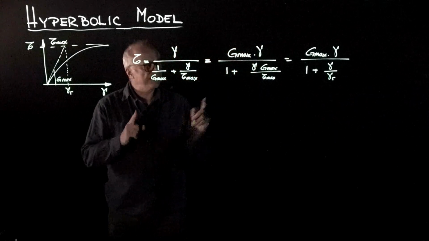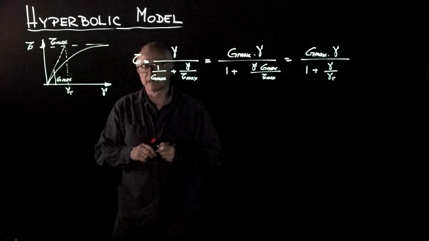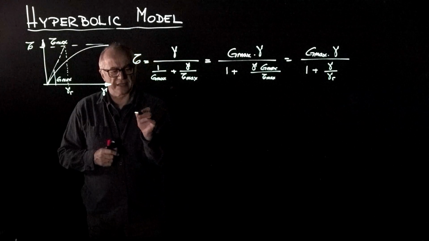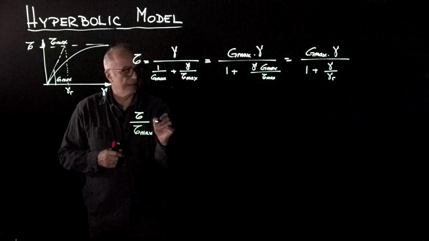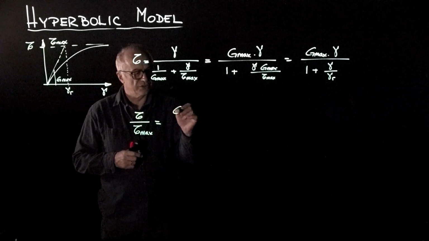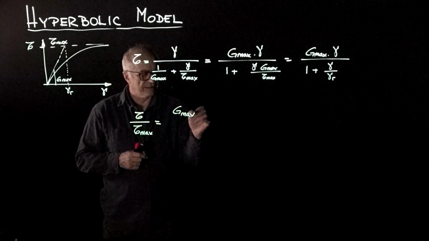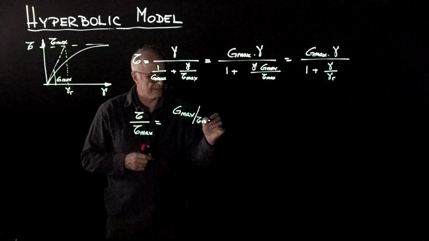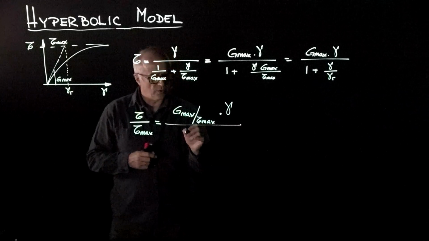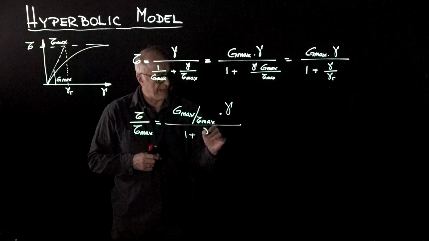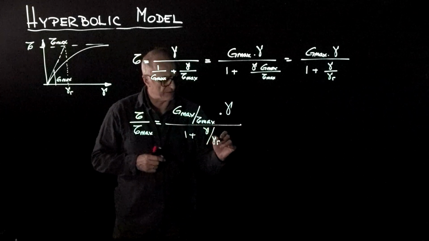I can divide both sides of this equation by tau max, and I obtain that tau divided by tau max is equal to Gmax divided by tau max times gamma over 1 plus gamma divided by gamma reference.